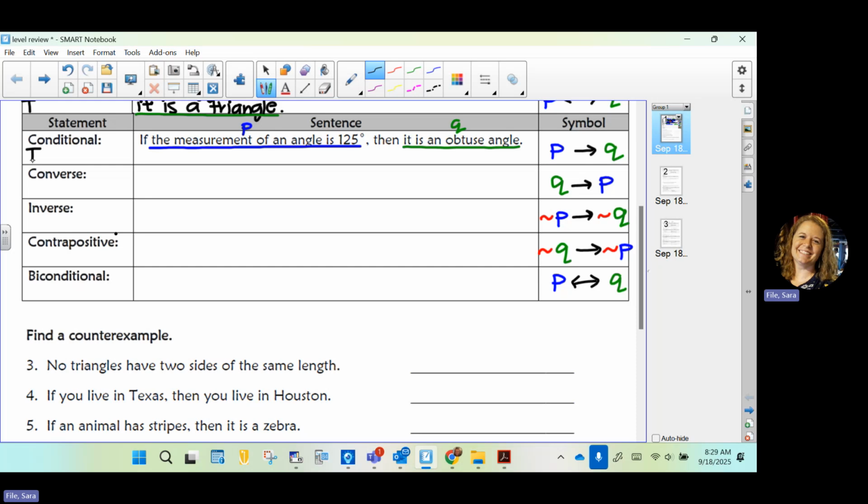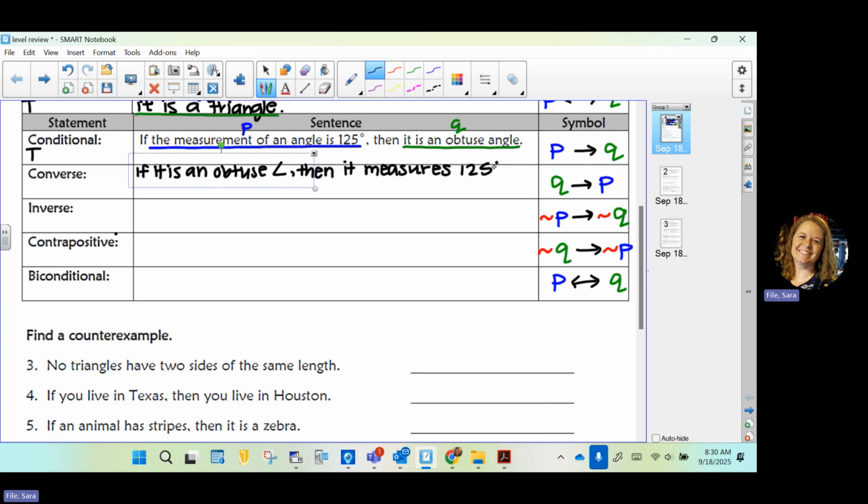Now, if I switch the order of this, if I say, if it is an obtuse angle, I'm going to do the symbol for angle. Then it measures 125 degrees.